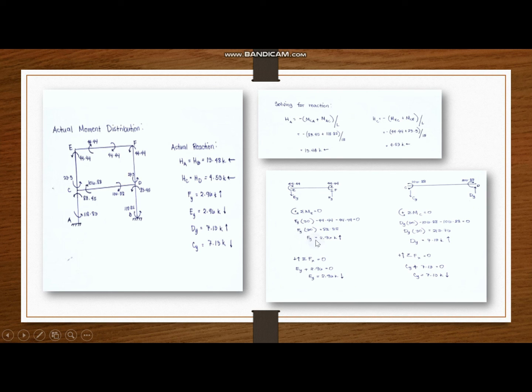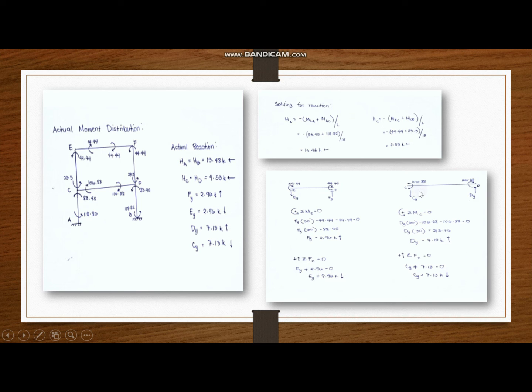So, our Fy is equal to 2.96 K upward. Next is for our EY. So, all upward is positive. Summation of Fy is equal to 0. So, EY plus 2.96 is equal to 0. So, our EY is equal to 2.96 K downward.